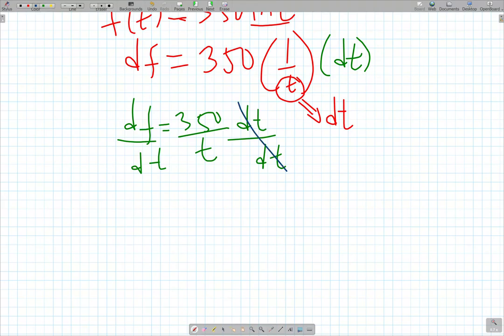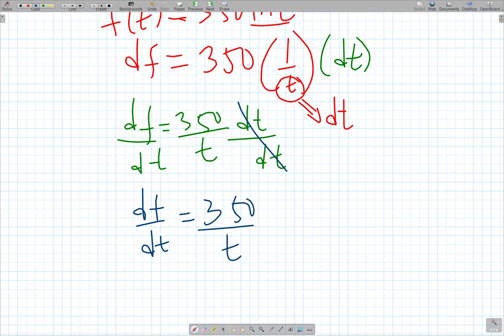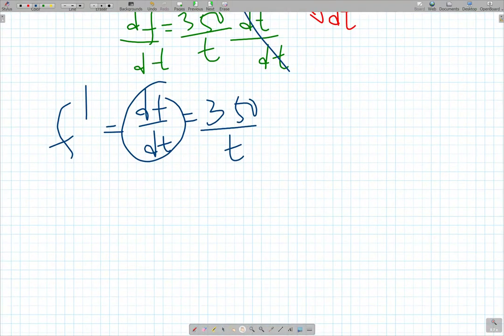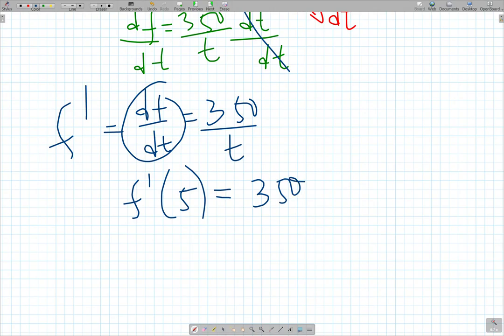Cancel out dt. So, df over dt is equal to 350 over t, and the df over dt is your f prime. Right? F prime. So, f prime of 5, can you follow? F prime of 5 is equal to 350 over t.